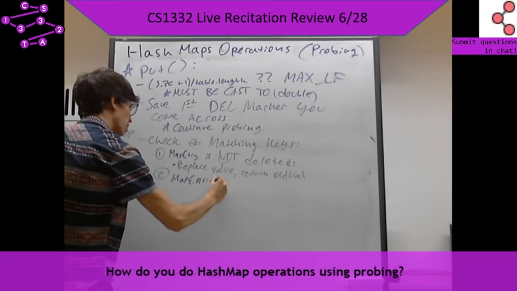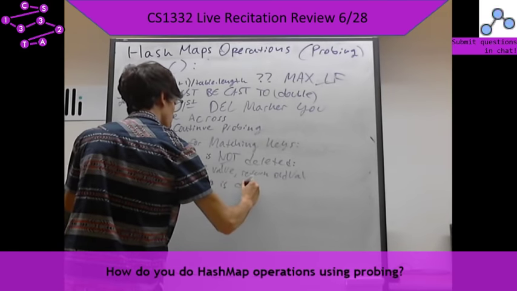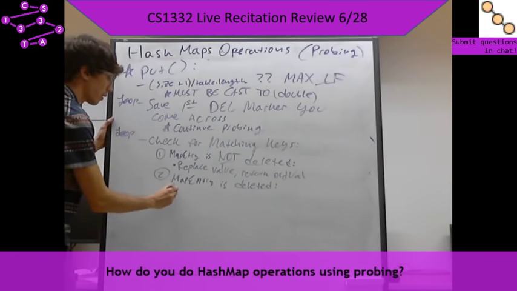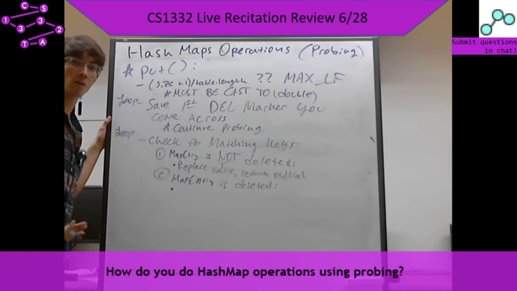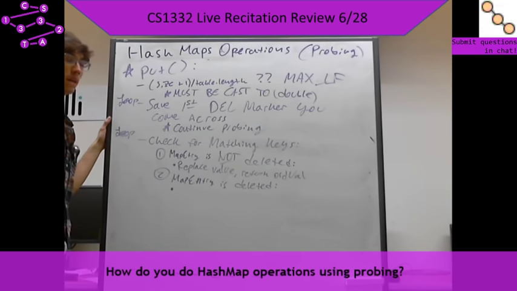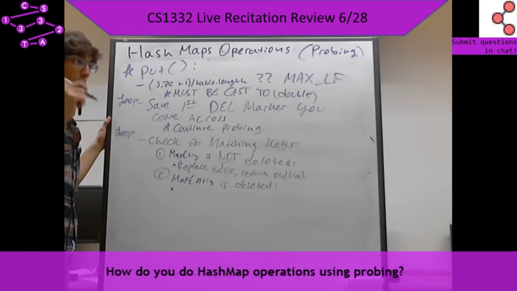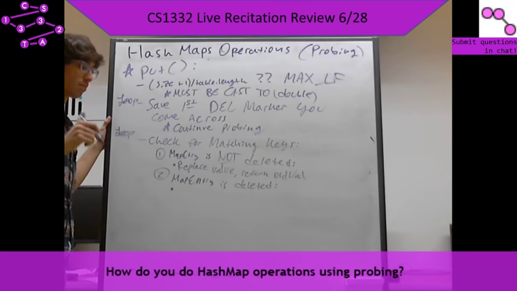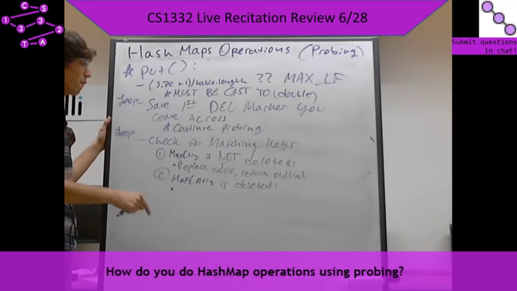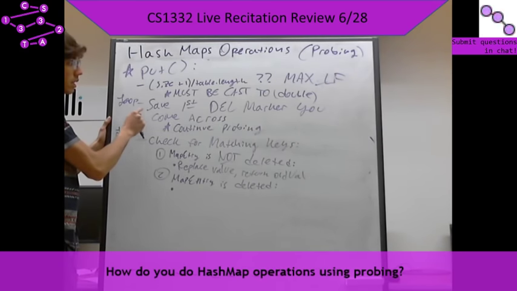If the map entry is deleted, very commonly I'd see students think, okay, cool, I can put the value in here, and then I can flip the deleted flag. No. You're always going to want to put your map entry in either the null spot you hit, if that's the first thing that you hit, or the first deleted marker.